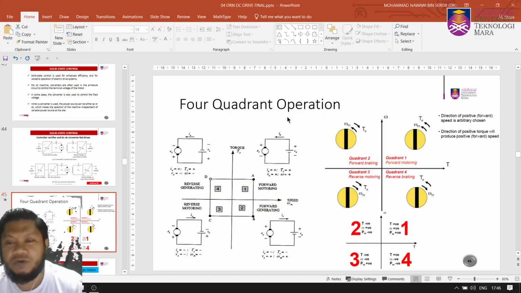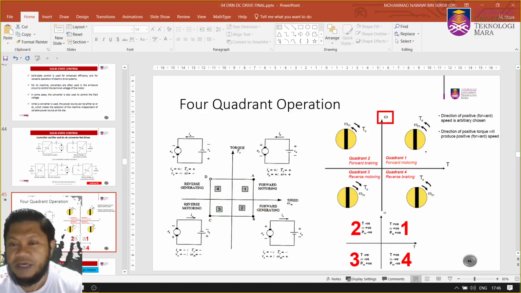We always use this omega versus torque, or sometimes later on we're going to use V against current, the terminal or armature voltage against the armature current. That will be the same quadrant 1, quadrant 2, quadrant 3, quadrant 4.